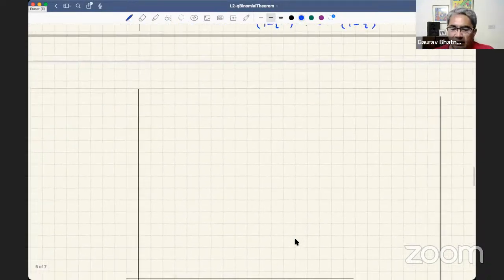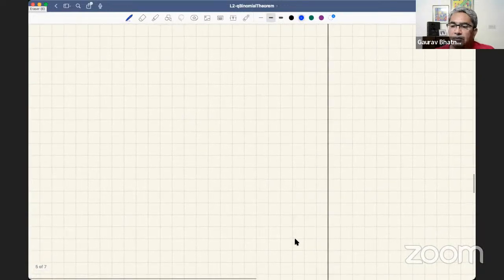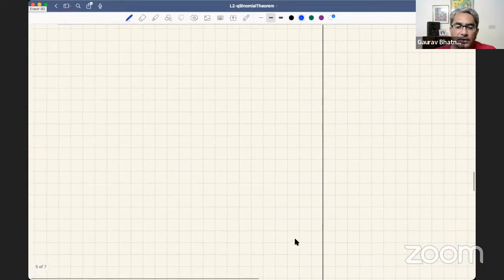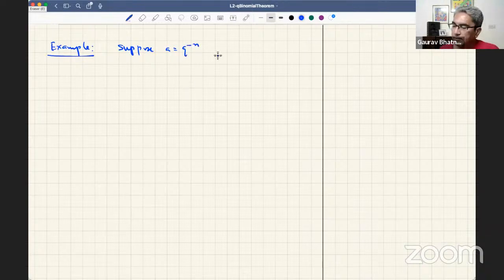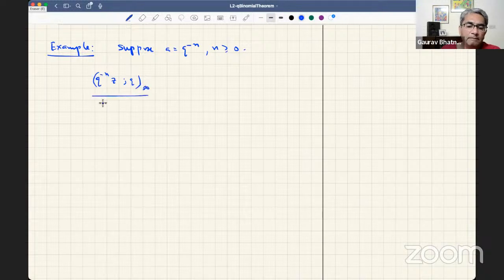Let me do one small example before I stop. Suppose A is equal to q raised to minus n for some n bigger than or equal to 0.